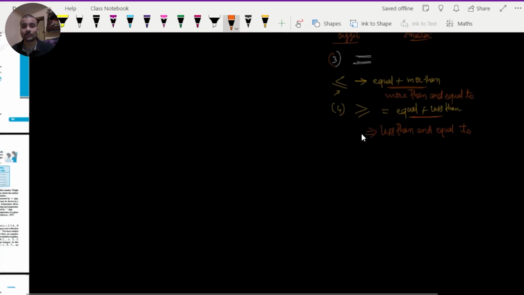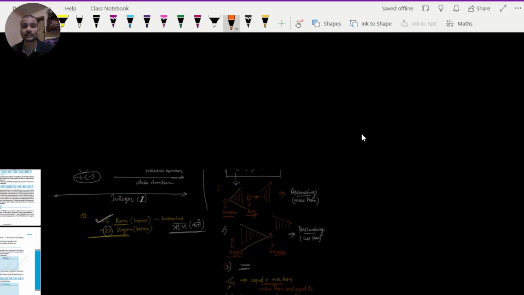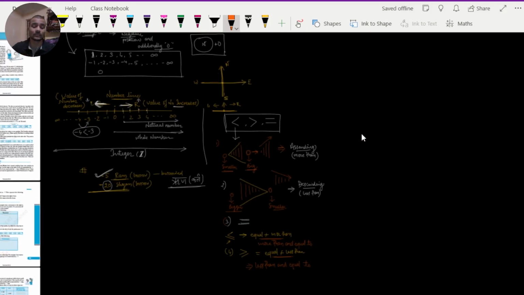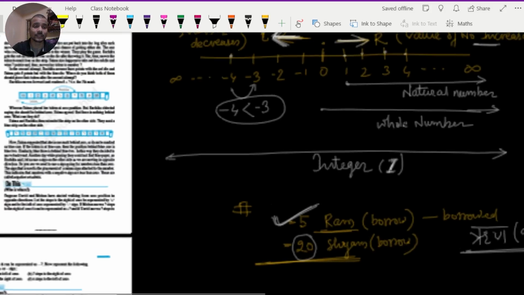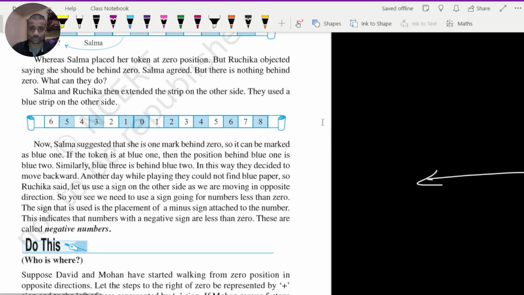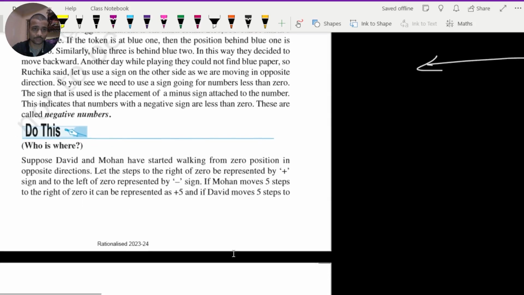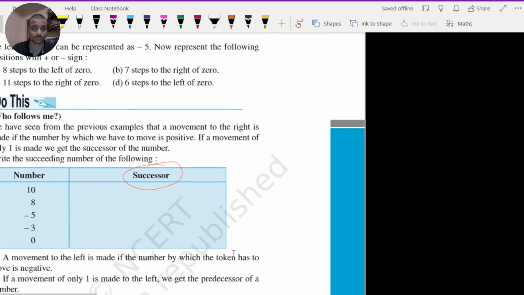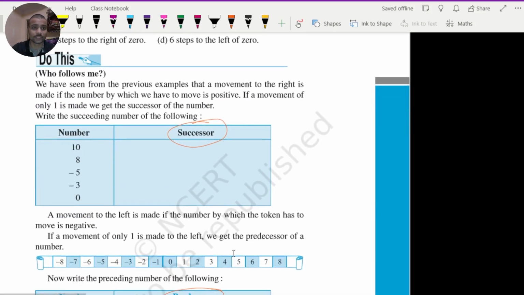Now come to the topic we studied here, and see how many points we are able to solve. Here it has been asked, do this, follow me.